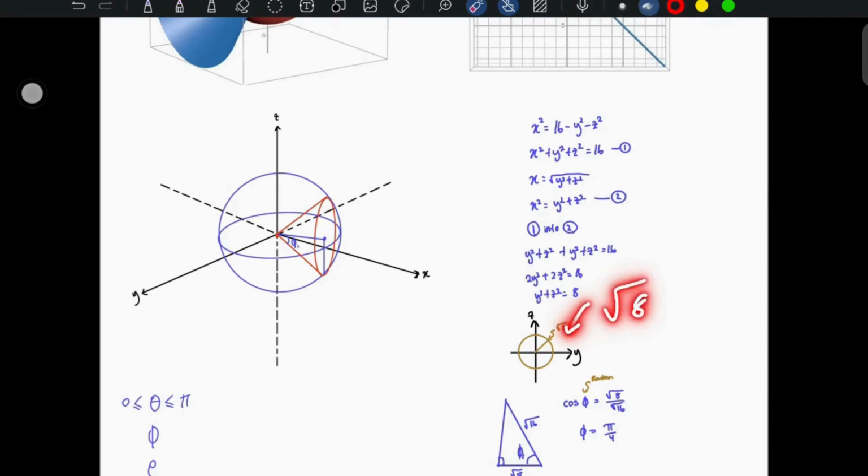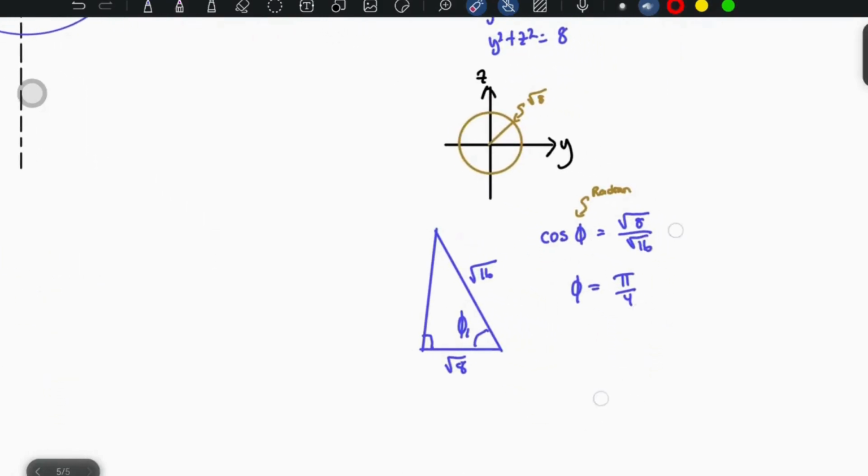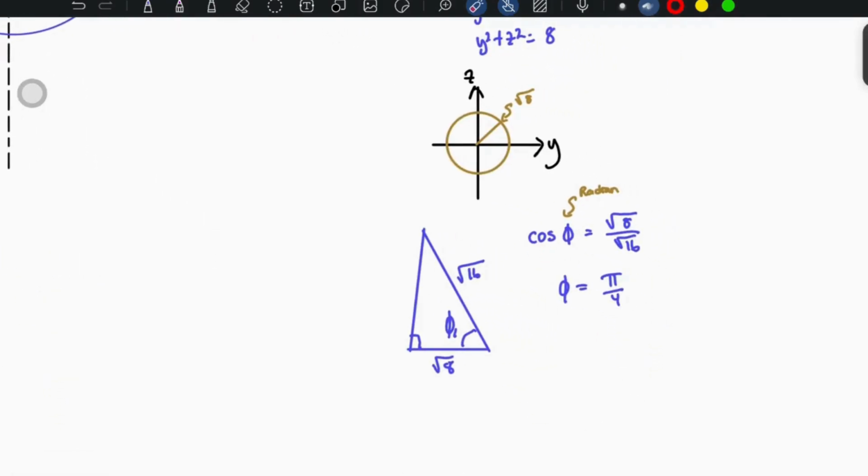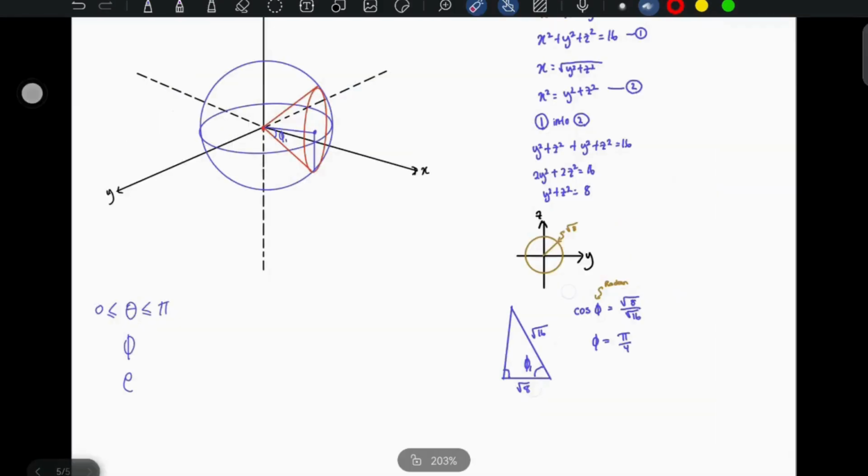Using the Pythagoras theorem, we can find the phi angle in radians, which is cos phi equals 8 divided by 6, and we get the answer pi over 4, which we can write as 0 until pi over 4.